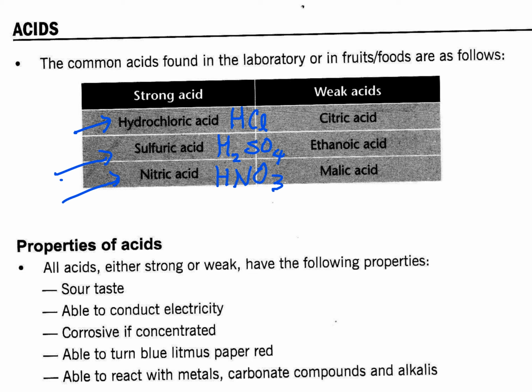Strong acids dissociate completely in water to give you lots and lots of hydrogen ions. It is the hydrogen ion that is responsible for the acid properties. For example, hydrogen chloride is a gas. When it dissolves in water, it will dissociate to give you hydrogen ions and chloride ions.